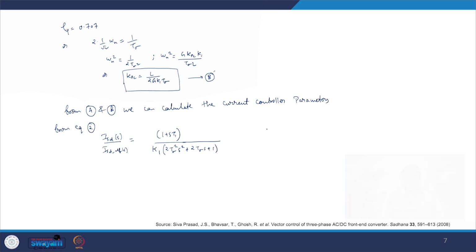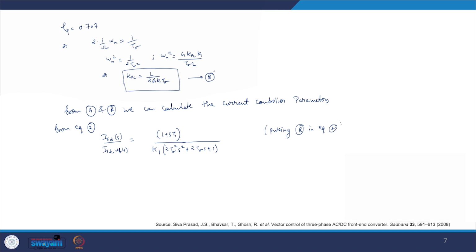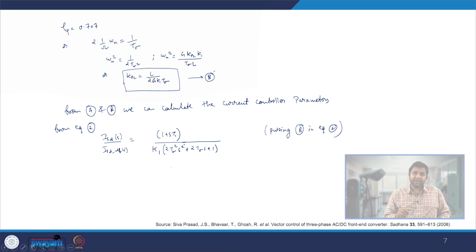This is again what we got by putting B in equation 2. So in this one we have a zero, and this zero is at very high frequency, and in the denominator we have an s square term.